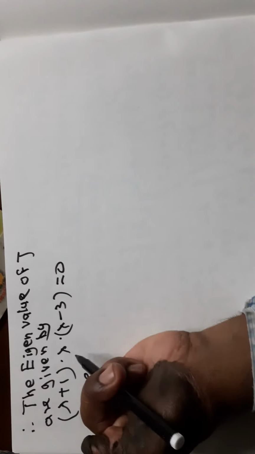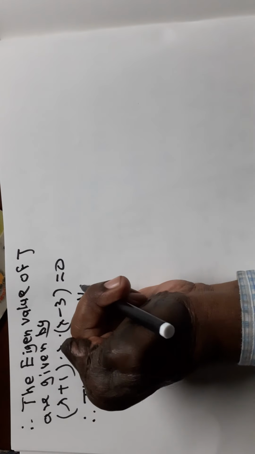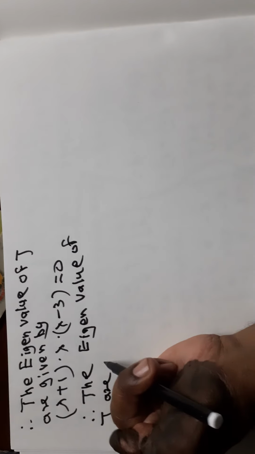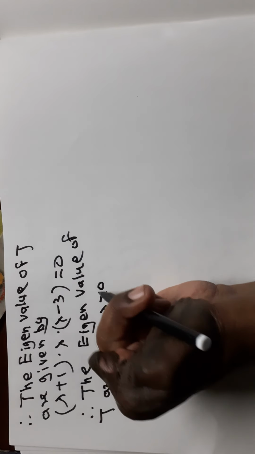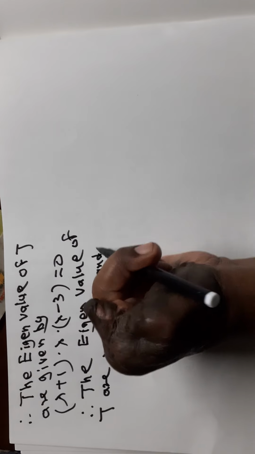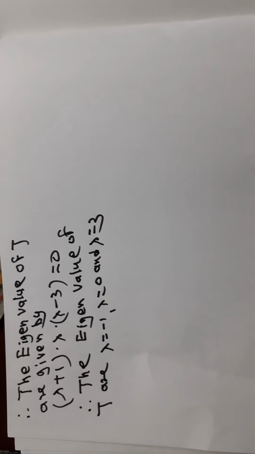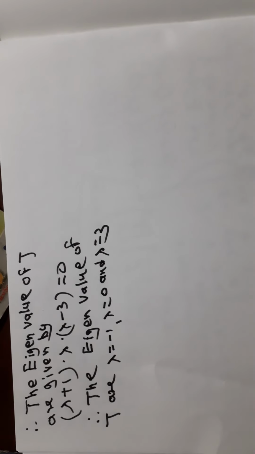Therefore, the eigenvalues of T are lambda is equal to minus 1, lambda is equal to 0, and lambda is equal to 3. These are the eigenvalues of T.